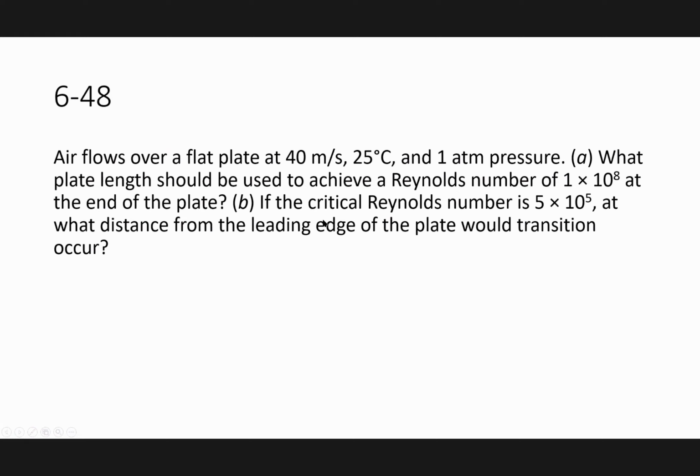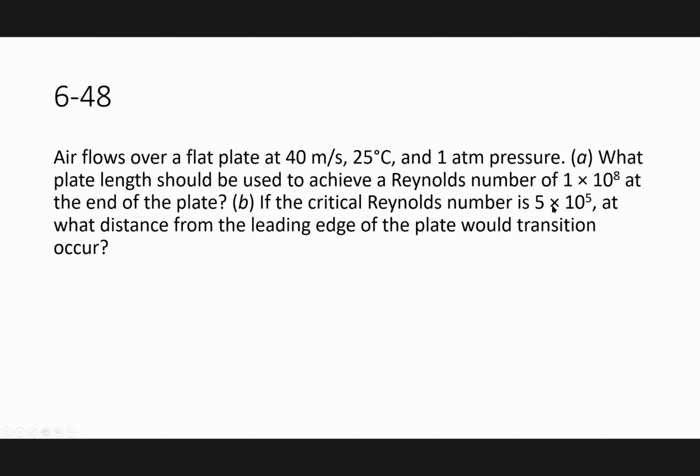Now, the critical Reynolds number, we know, is the number at which the flow changes from laminar to turbulent, okay? And that's 500,000. If the critical Reynolds number is 500,000, at what distance from the beginning, at x equals 0, does the Reynolds number reach that number?